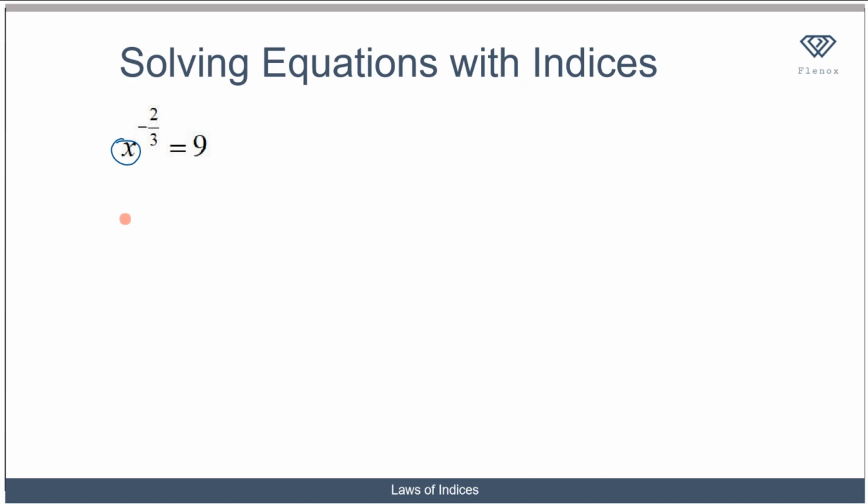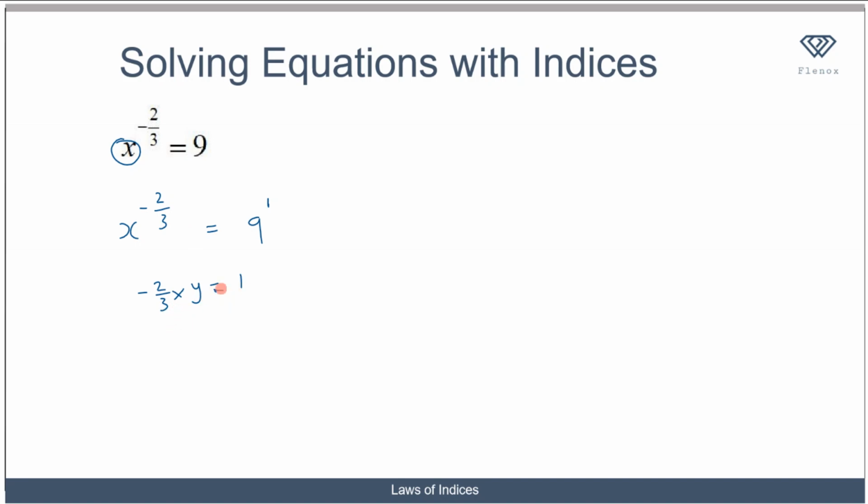So this is the same thing as saying x to the power of minus 2 over 3 is equal to 9 to the power of 1. So now you ask yourself, what can I multiply this exponent by that will make it equal to 1? Let's call that number y, since x is already here. So what would I multiply minus 2 over 3 by, in which the exponent here will be equal to 1?